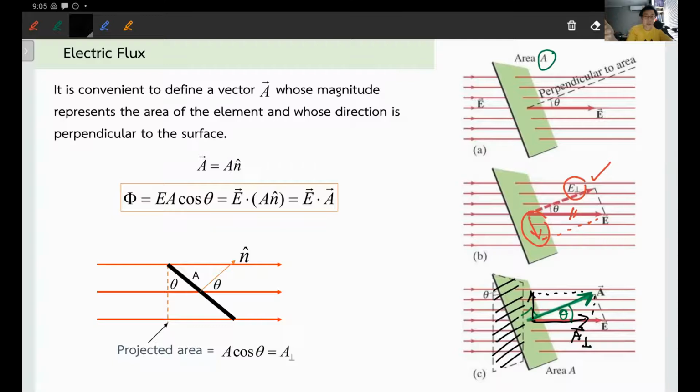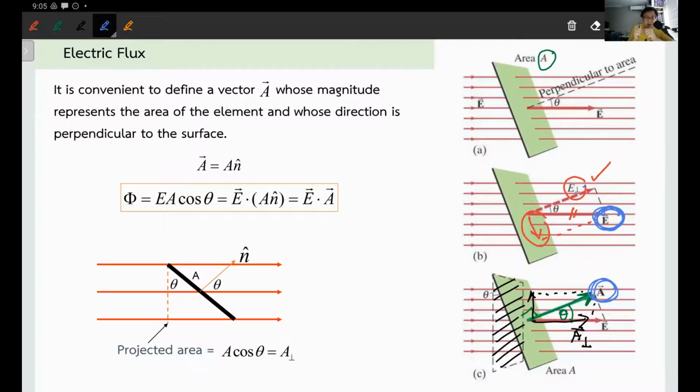The reason is that what we are doing here is we want only the electric field vector and area vector that are pointing in the same direction. Make sense?